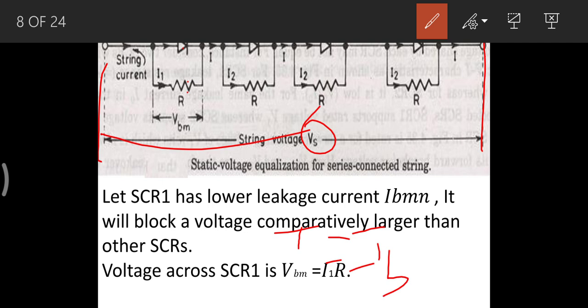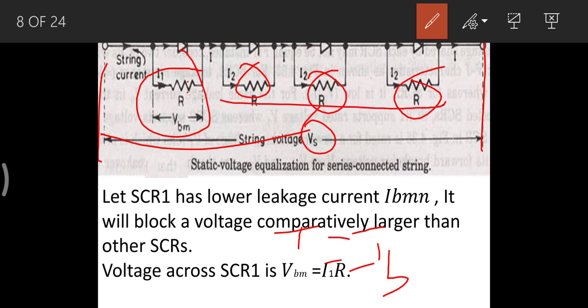By applying KVL across the loop. So here we have to consider one thing: this is I1 into R. Similarly we can write the same voltage equations for all of them. Here we are assuming the same current is flowing through all the resistors except the first one. Why? Because here we are considering I1.